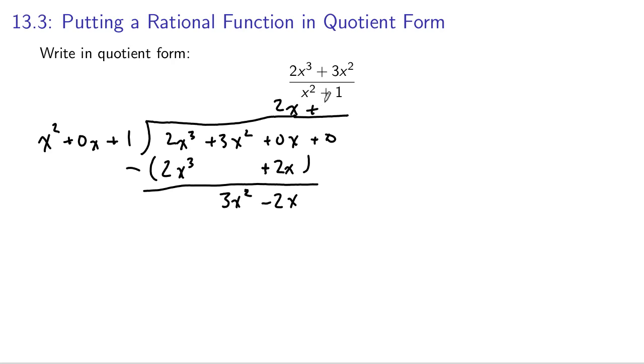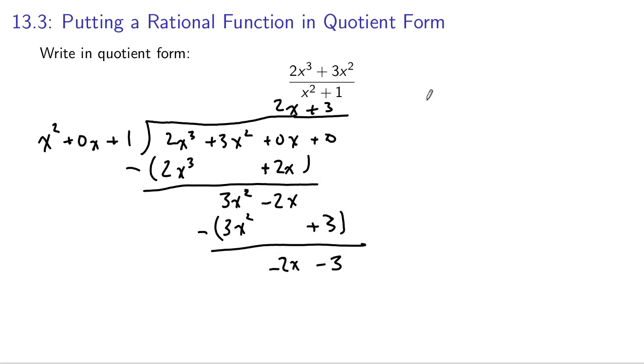Well, that would be 3. We get 3x squared minus 0 plus 3. Subtracting, this is 0, minus 2x minus 0 is minus 2x. And then 0 minus positive 3 is negative 3.